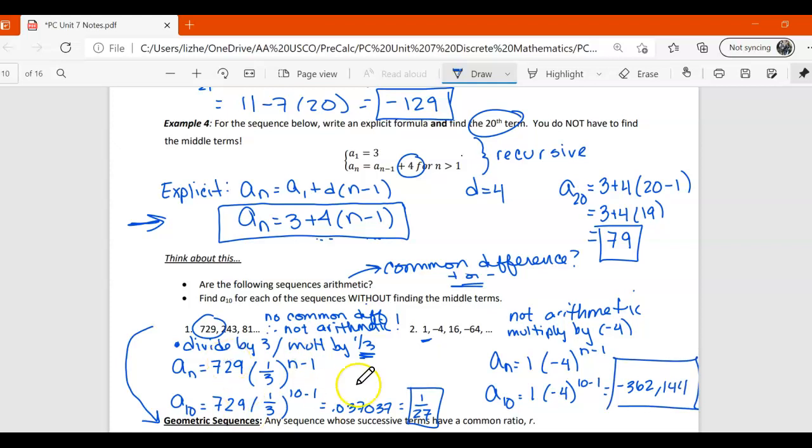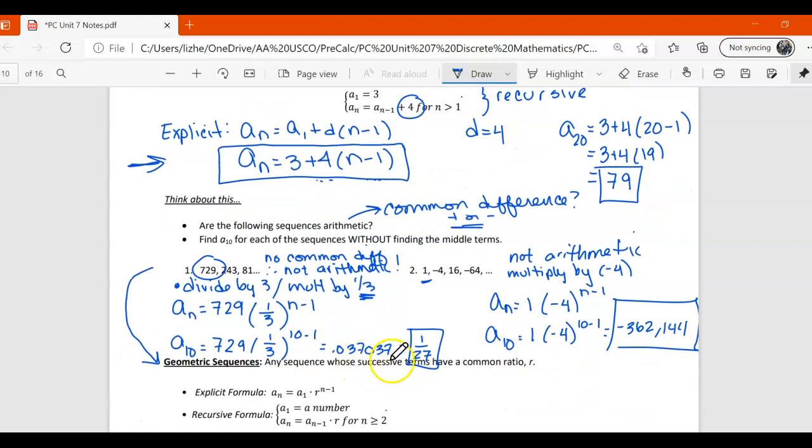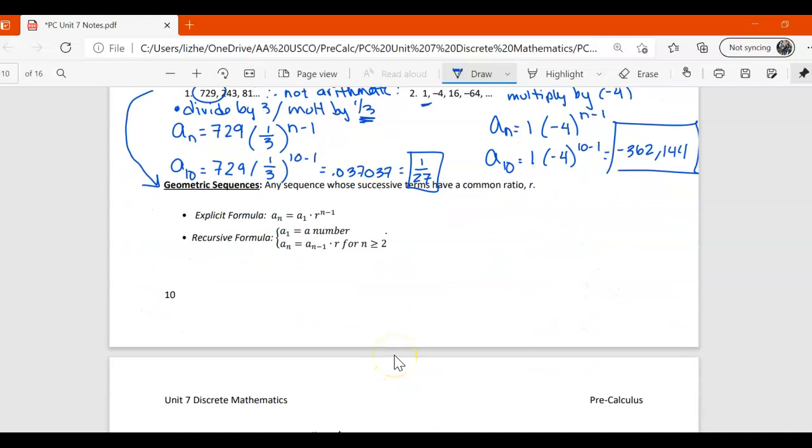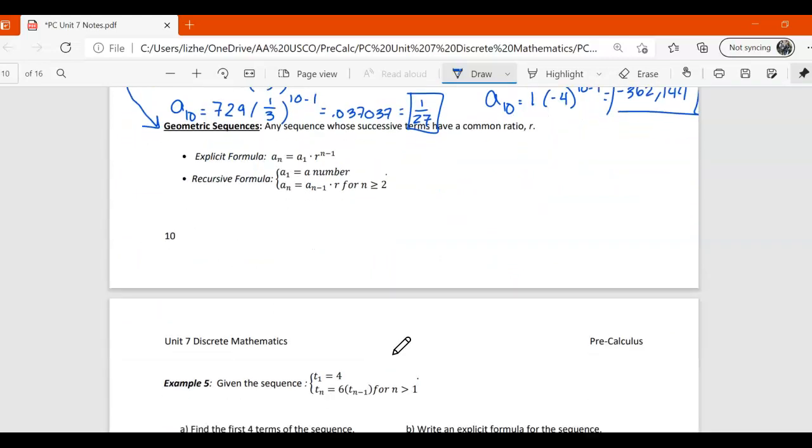Okay, which brings us to geometric sequences. And a geometric sequence is any sequence whose successive terms have a common ratio r. So this is going to be multiply or divide. How do we find r? We can do right term divided by left term.